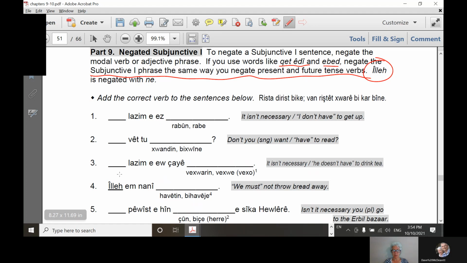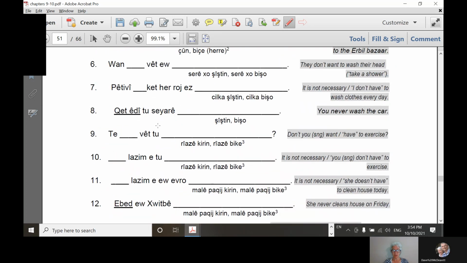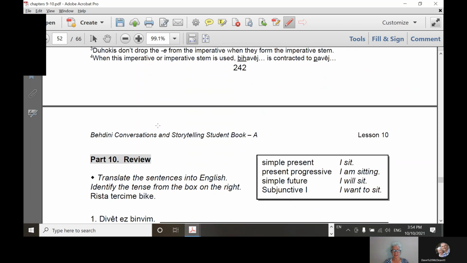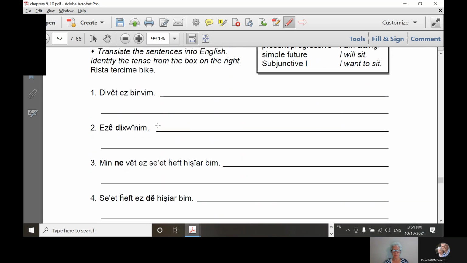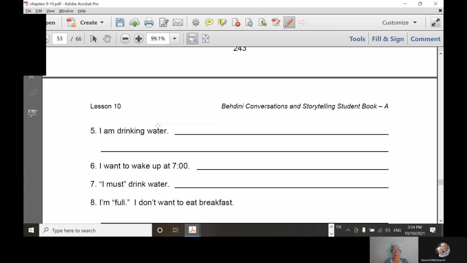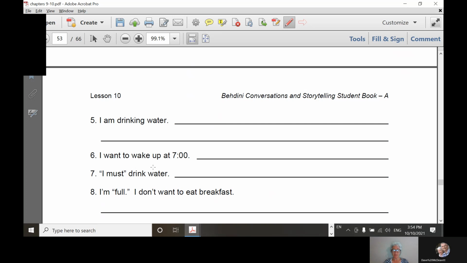For example, in number 4, ila, nani, and then you're going to say na instead of na, I believe. All right, let's see what's next. And then you have a review and some translation, and you can go from there.